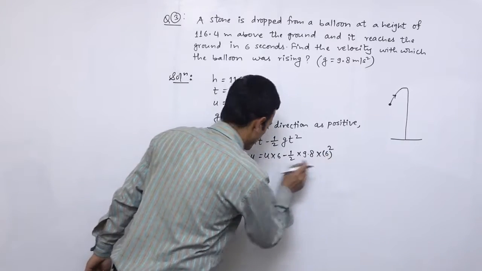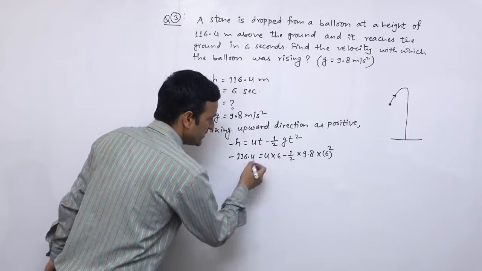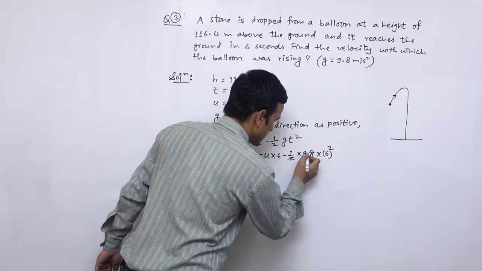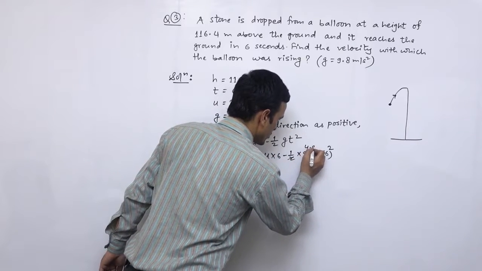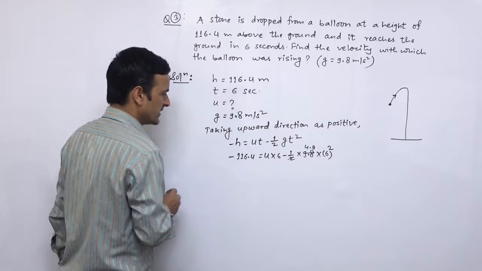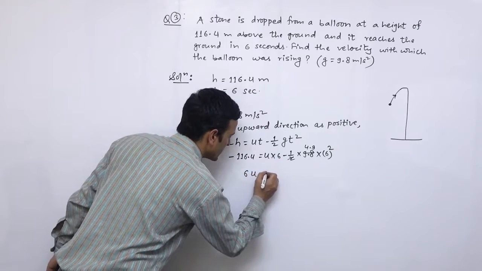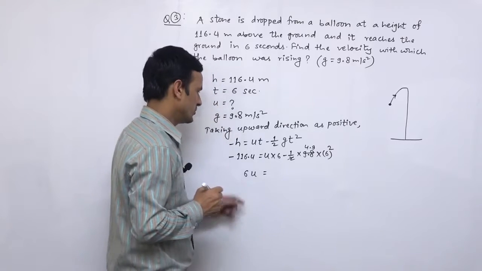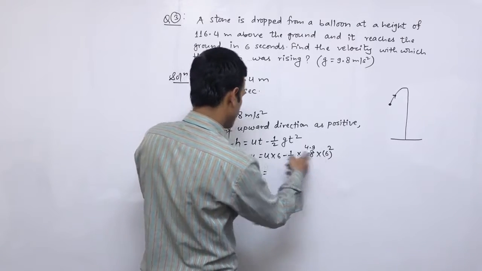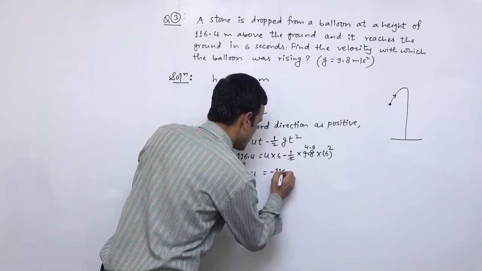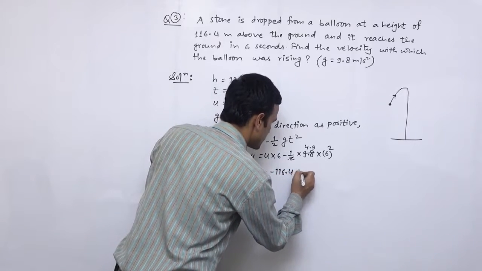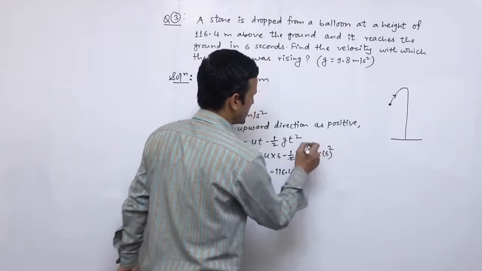The value of u over here, we can cut this and this. 2 4 are 8, 2 9 are 18, and 6u is equal to this plus this: minus 116.4 plus 4.9 into 36.